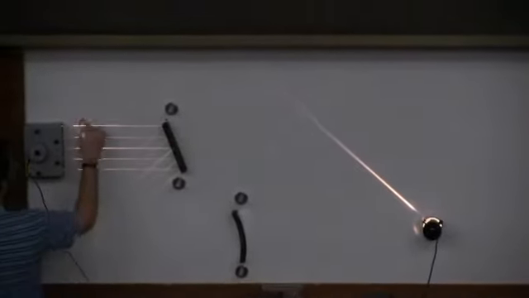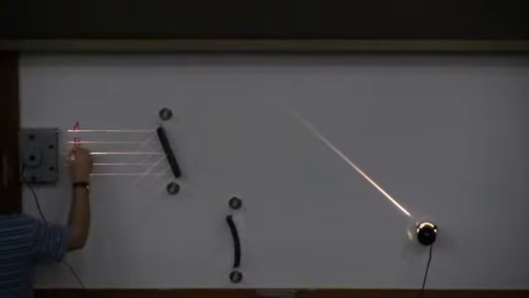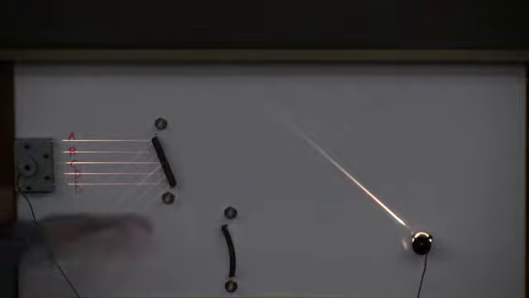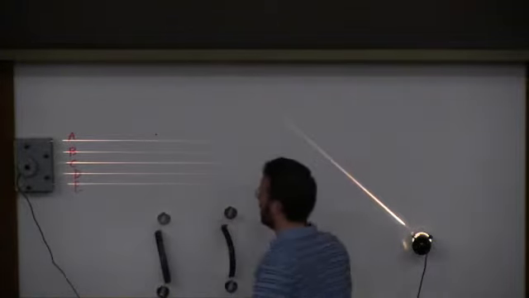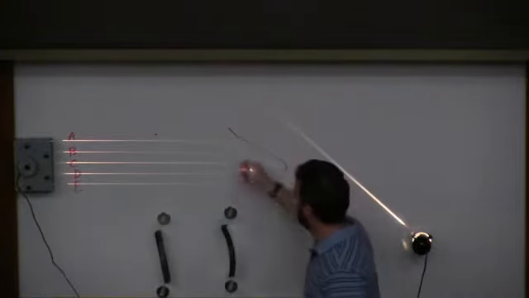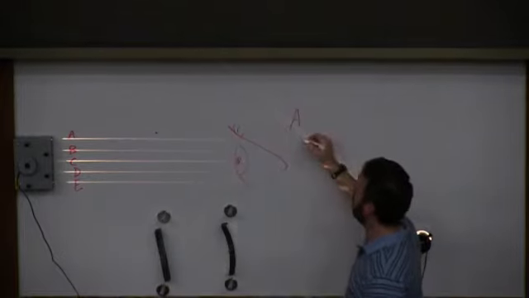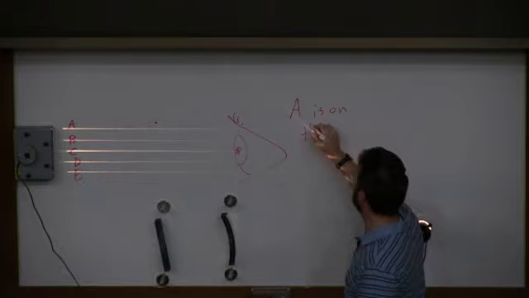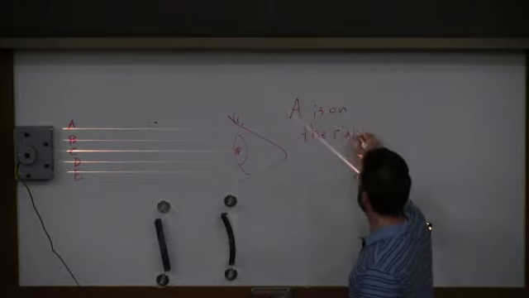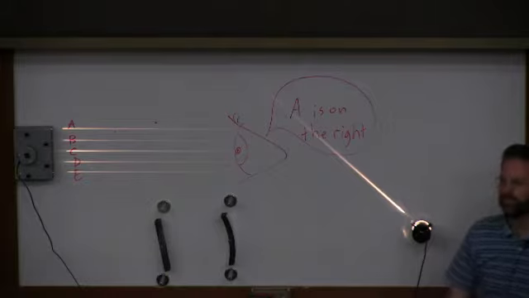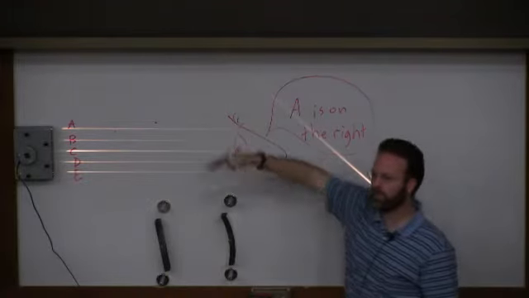Let's call these light rays A, B, C, D, E. Okay. If you're looking at that, your eyeball's over here. And you think to yourself, oh, A is on the right. So it looks like it's on the right to you.